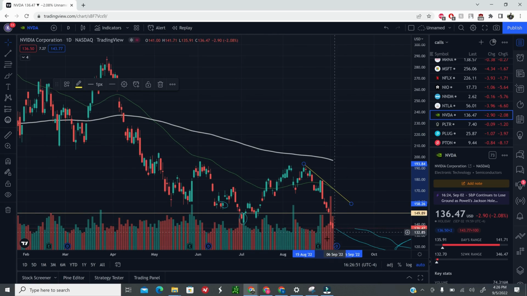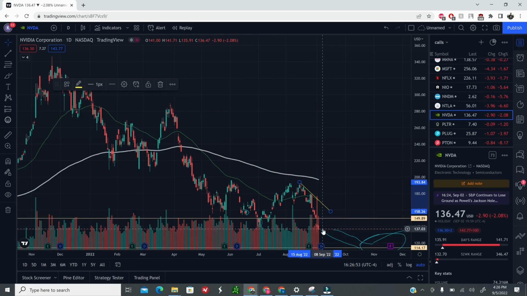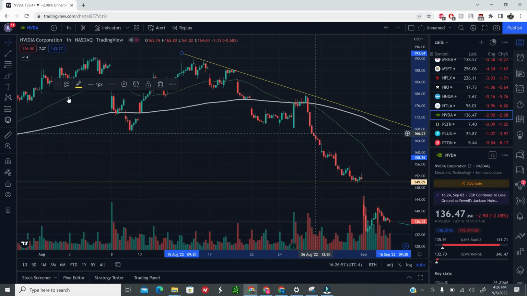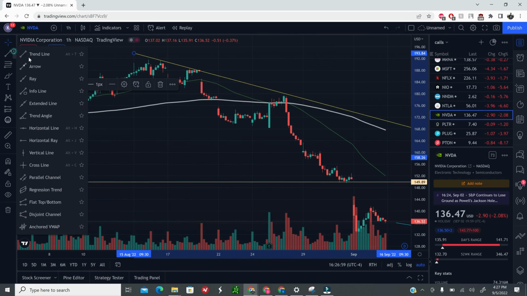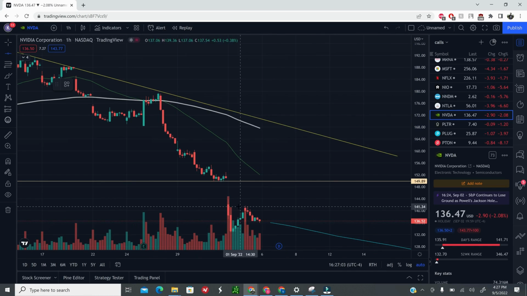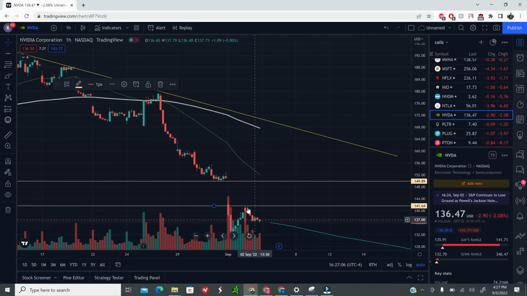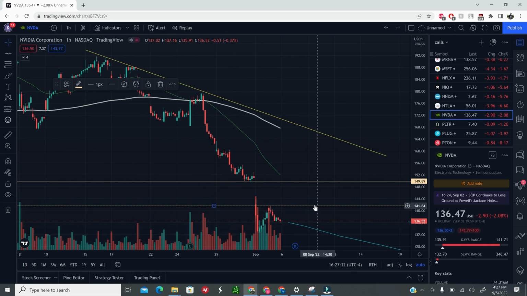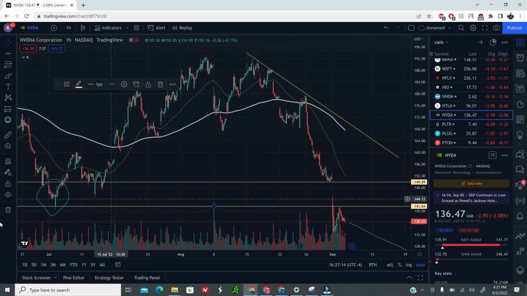If you have already made profits, you may want to take these hourly candles as support for the short side. I will show you where the resistance is here. This is the pivot on the hourly. Usually those don't get taken out, and that 140 level, 141 area, is also one support.